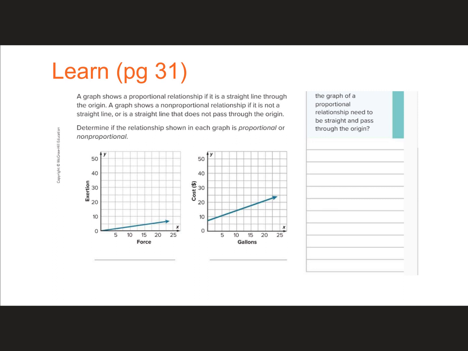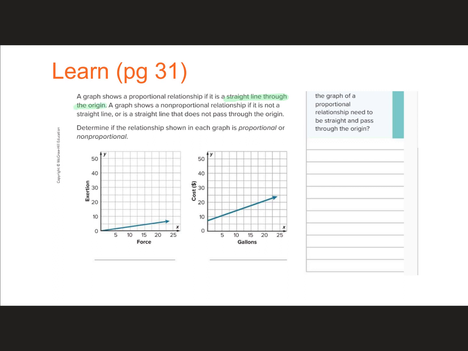All right, now that we've finished the I can statement, let's look a little further down the page at the learn section. And you can underline, or if you want to highlight these things, you can too. So basically a graph with a proportional relationship is a straight line that goes through the origin, okay?